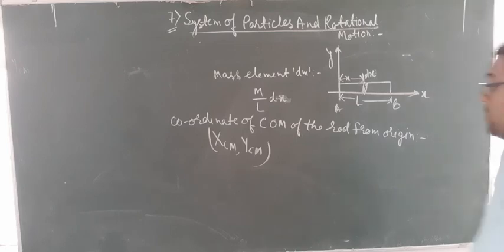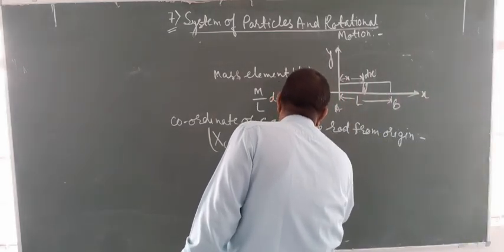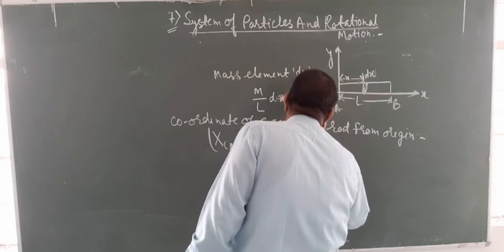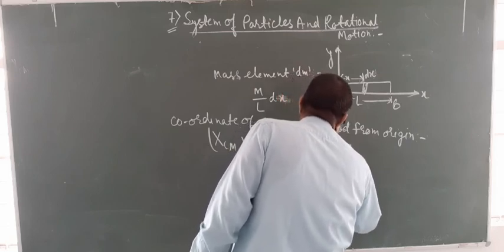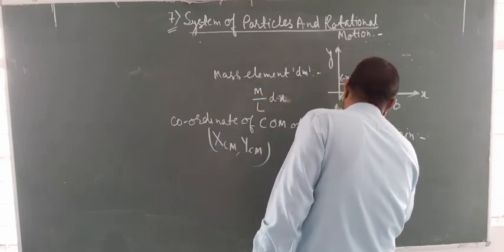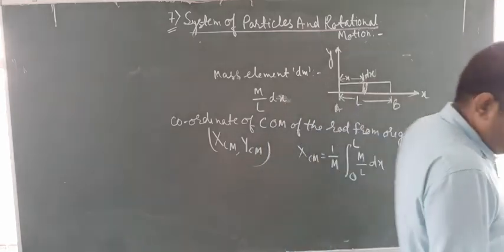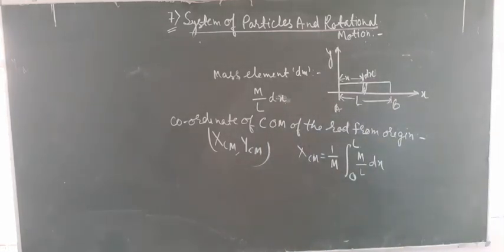So xcm is equal to 1 upon m integral 0 to L of x dm.